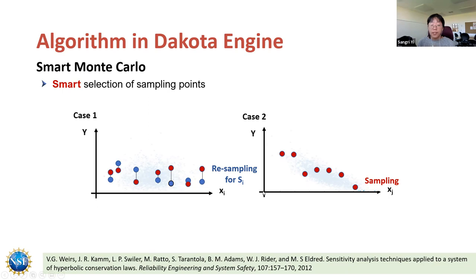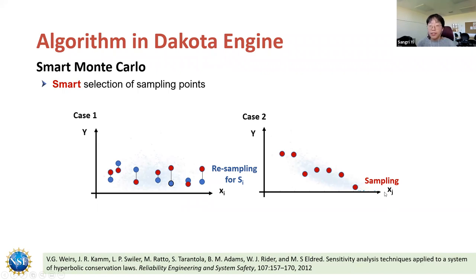This is for the case where we are interested in the sensitivity index of xi. So they share the same xi values, but all the other input parameters have different values. So this discrepancy represents the variability from other parameters, other than xi.